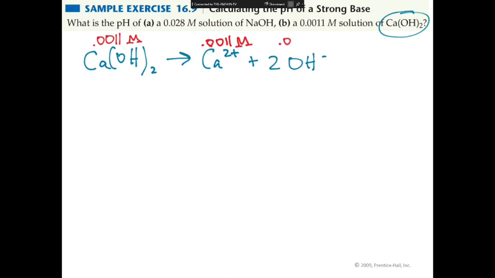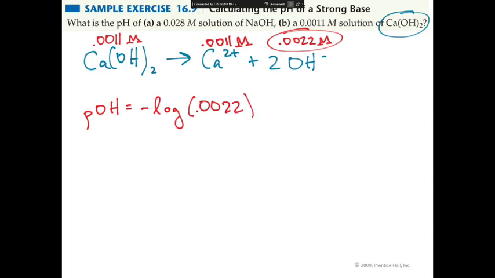I get double the number of moles of hydroxide, and it's the hydroxide that affects the pH. So this is the number that I'm going to use when I find the pOH. pOH is going to be negative log of 0.0022. So let's get that first.